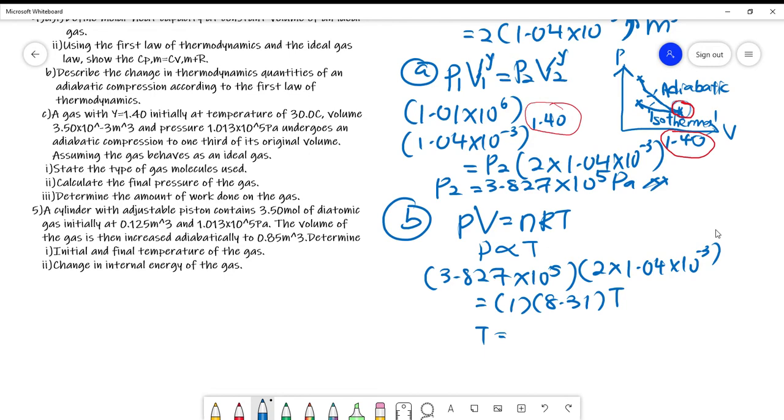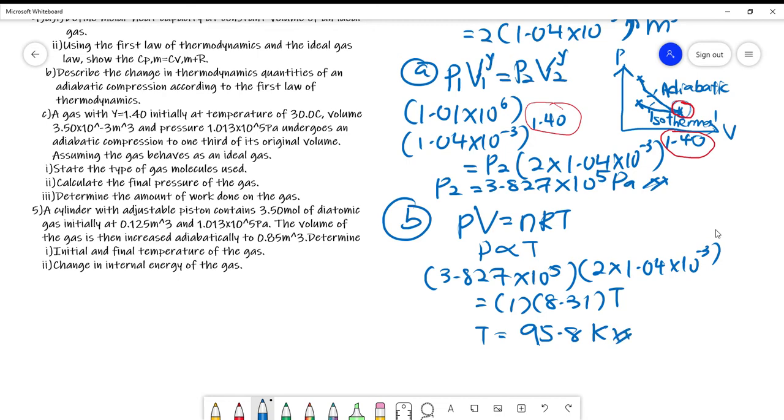So the final temperature we have is actually 96. Not 96, should be 95.8 Kelvin.